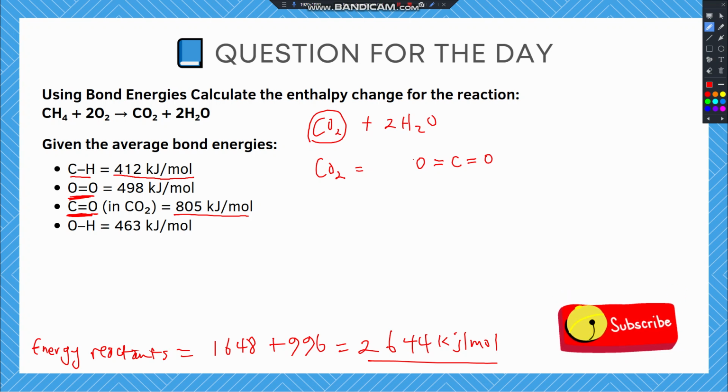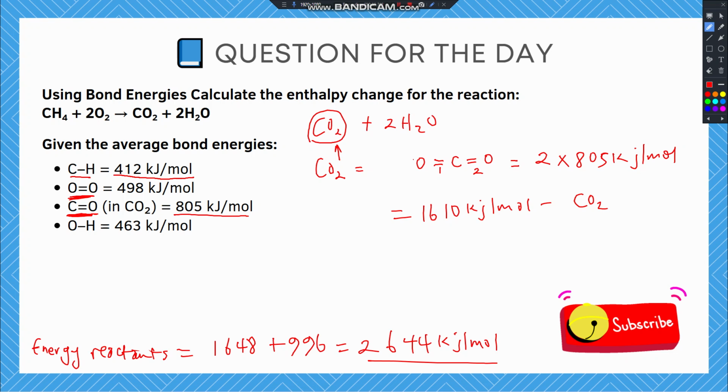Now, how many C=O bonds were formed? We have one over here and we have two, which tells us that we need 2 times 805 kilojoules per mole in order to calculate the energy of the CO2 bonds that have been formed. So 2 multiplied by 805 gives us 1610 kilojoules per mole for CO2. That's the energy of the bonds formed.